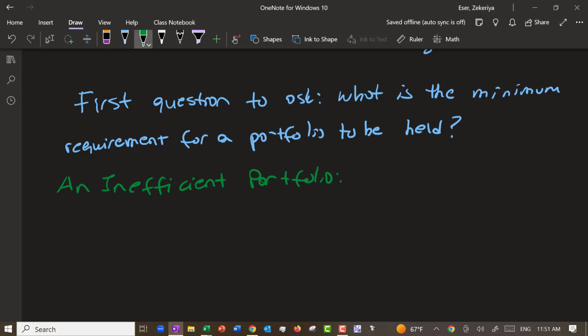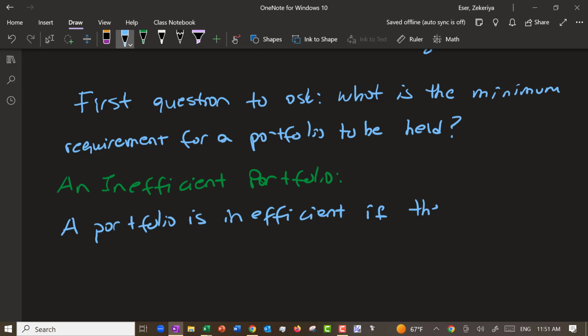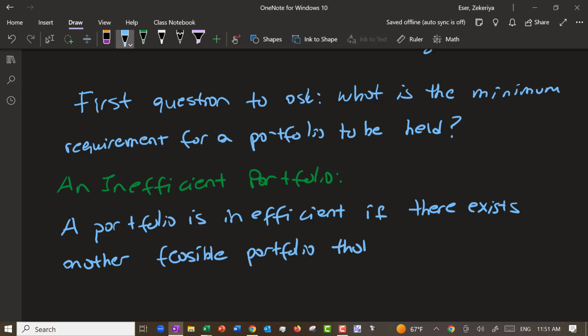A portfolio is inefficient if there exists another feasible portfolio that has higher reward, however you measure that reward, such as the average return or expected return, and lower risk. Again, however you measure that.